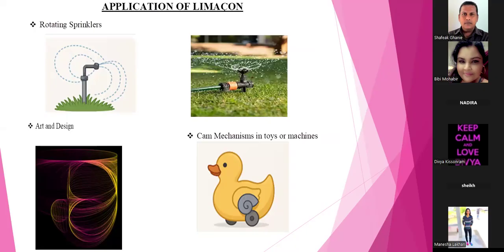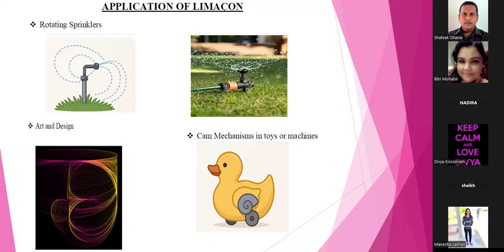Some ways it is applied in real life: if you have ever seen a rotating sprinkler, picture it like in these pictures here, and you see the shape of a limaçon.